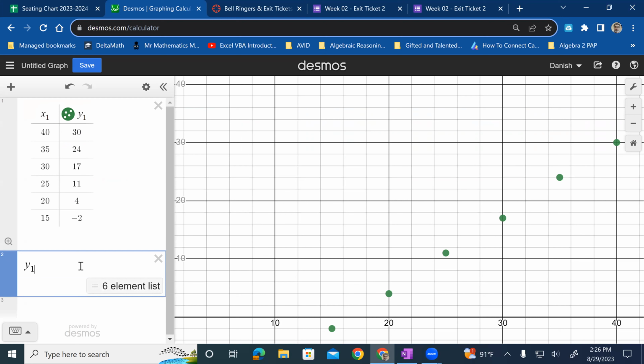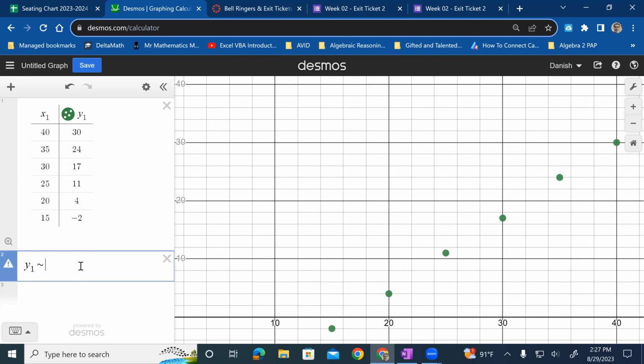Got it? Then I will use the right arrow key. Cursor will go back up. Then I will use the Shift and this tilde over here. Shift and that sign will bring in this curly line, the tilde. Now, what we are going to do, we are putting in a straight line, the equation of a straight line.